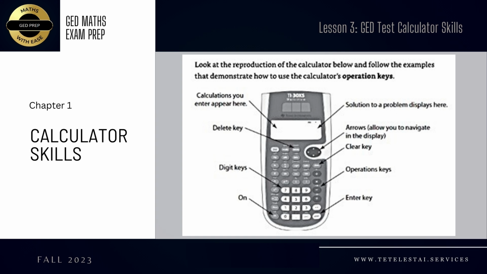So let's say you're adding 50 plus 5 plus 3, all of that will appear here, and then your answer to that will appear on the side, right? Which is 58. So you should see 58 here, right? Okay. And then this is the delete key on this side right here, the third key to the right. If you consider this the right-hand side, then this is the third key.